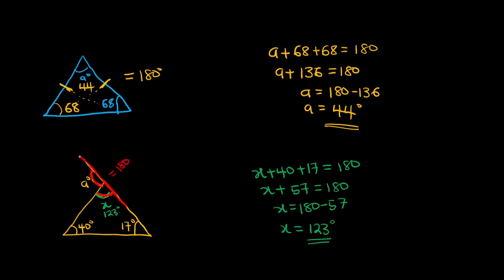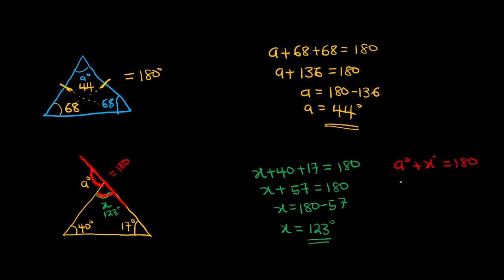So the angle on the red line, the A, and then the X over here that we just found, should add up to 180. So my A degrees plus my X, which I just found, should be equal to 180.